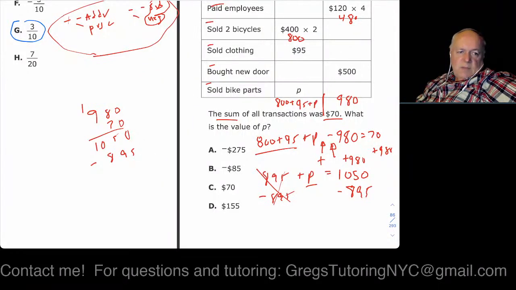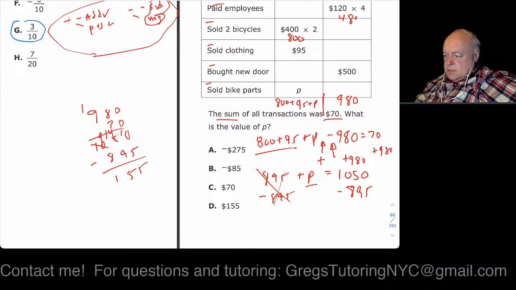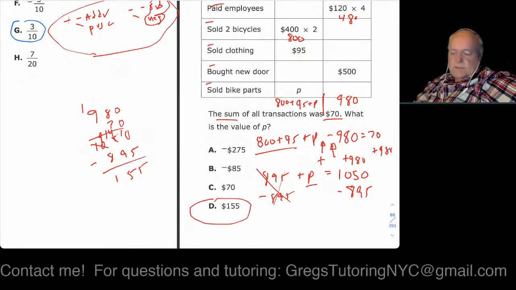This 5 becomes a 4. That 1 becomes a 5. We're going to borrow from here. That's 9. That's 1. This becomes a 5. And we get 1. All right. So the answer we should be getting here is D as in dog, 155. Because when we do the subtraction, that's when we get P equals 155.